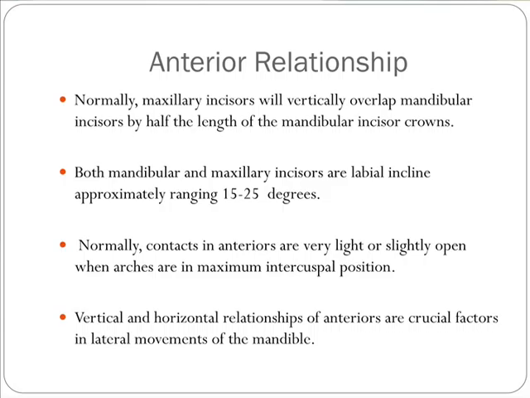The vertical and horizontal relationship of the anterior teeth is a crucial factor in leading the movements of the mandible. Determination of centric relation of the patient's jaw is also invaluable. Unfortunately, it is not always possible to make this determination for all patients.